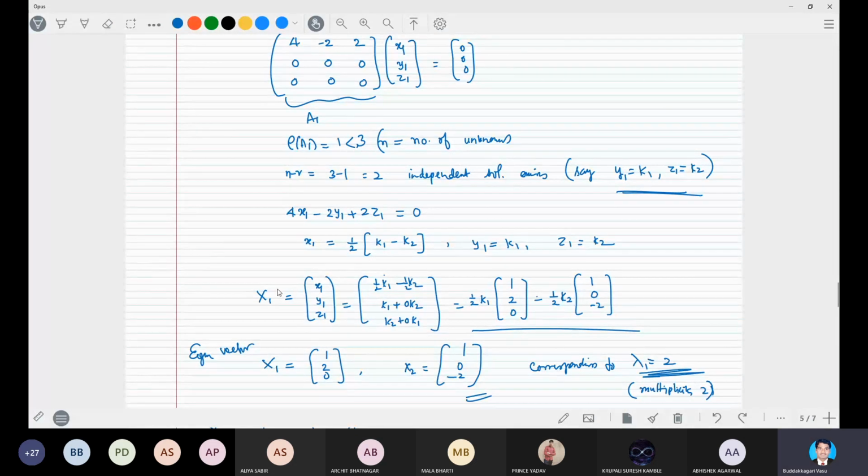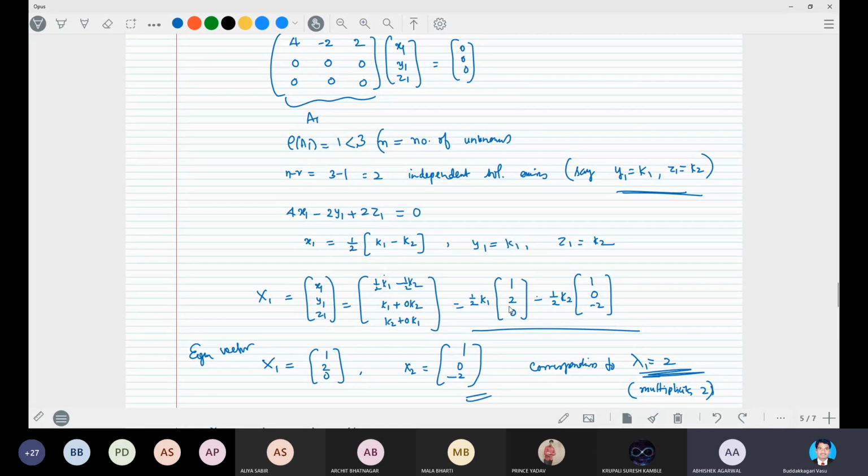That shows you here x1 is the linear combination of two independent vectors, right? Yes, sir.